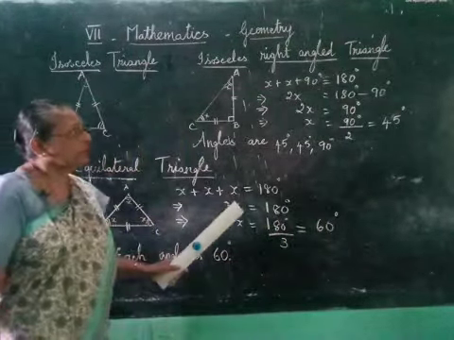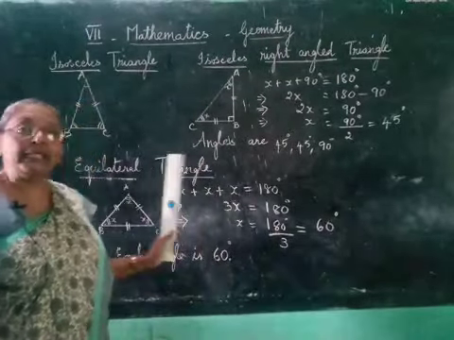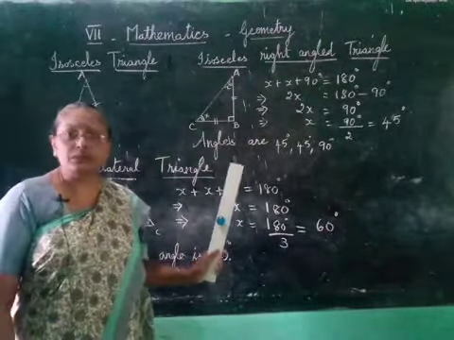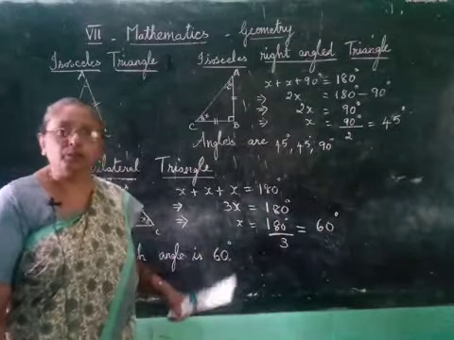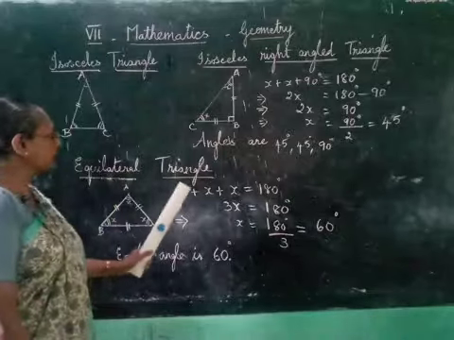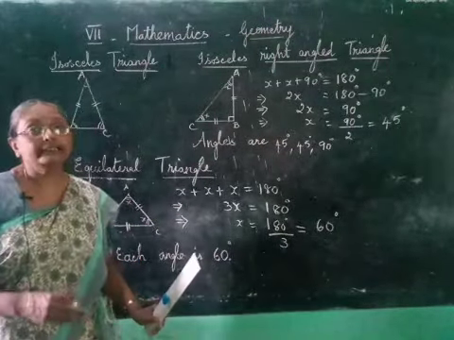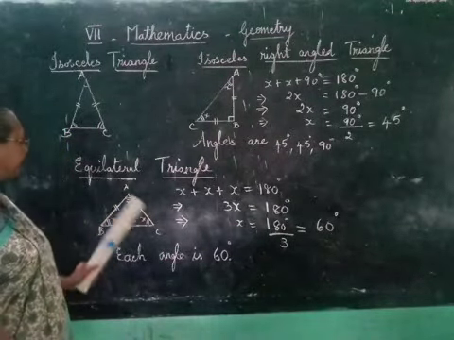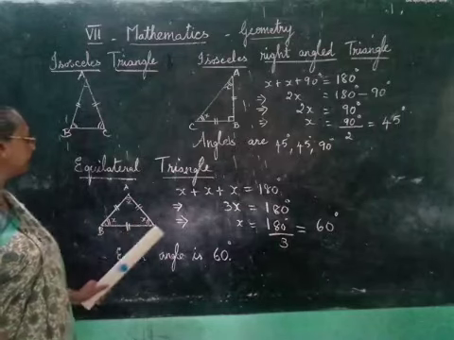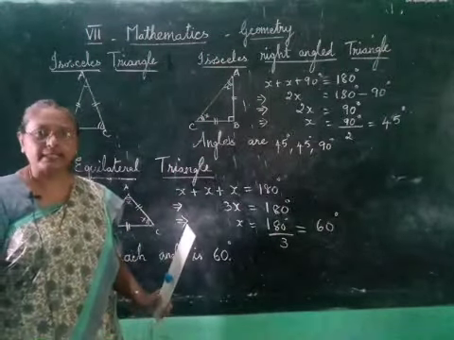Now coming to the third type of triangle, which is the equilateral triangle, which I have dealt with earlier also, but I will explain it more clearly one more time here. In any equilateral triangle we know that all the three sides are equal. So suppose in triangle ABC, AB, BC and CA are all equal, then it is an equilateral triangle.